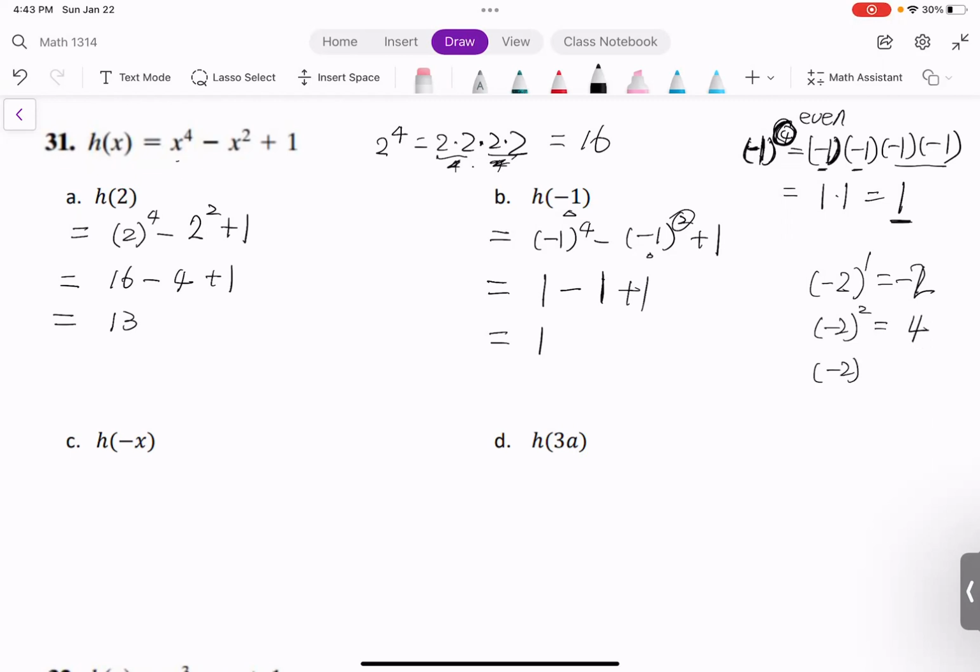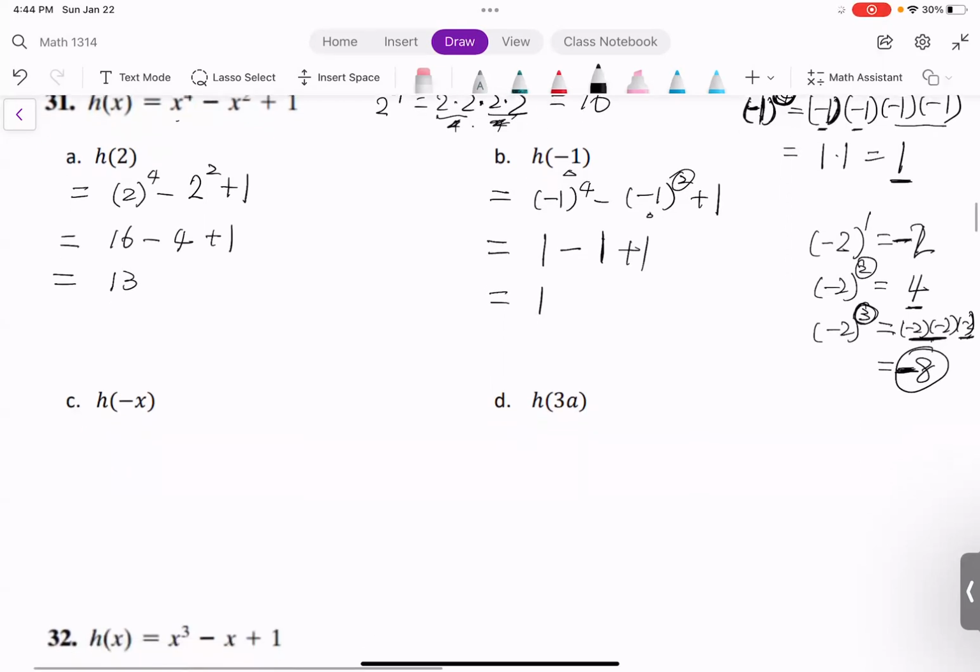If negative 2 is cubed, that means negative 2 times negative 2 times negative 2. Negative, negative, positive. Positive times negative is negative, negative 8. Remember that if the power is an odd number, the result is negative, like these two. If it's even, like 4, 6, 8, 16, we have a positive solution.